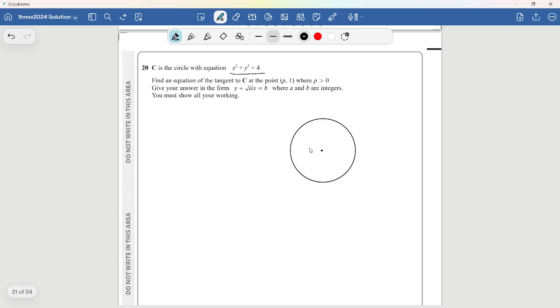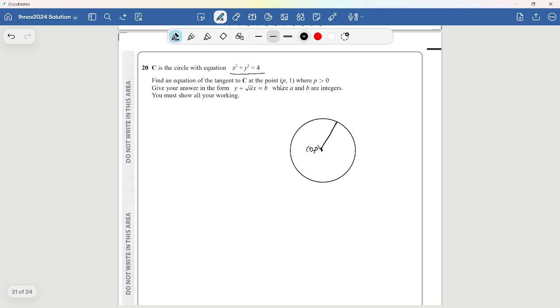So if the center is 0, 0, and if I draw a radius somewhere here, let me draw it properly. If this is considered as a radius, the length is 2 here, and this is the point of contact of the radius with the tangent.